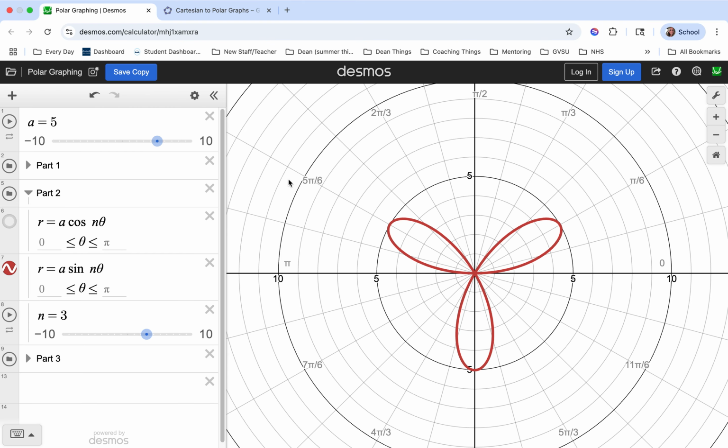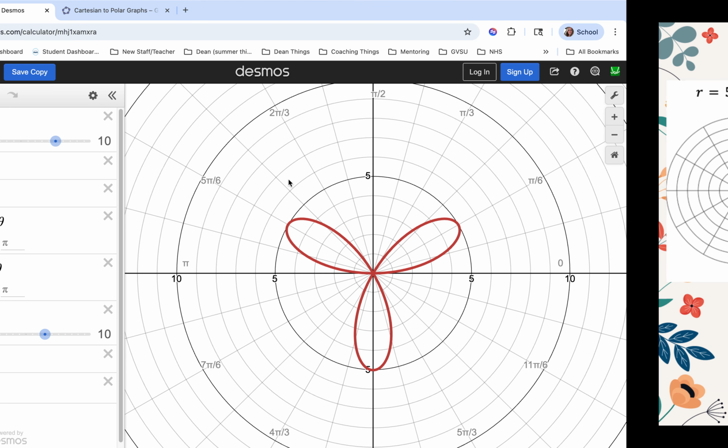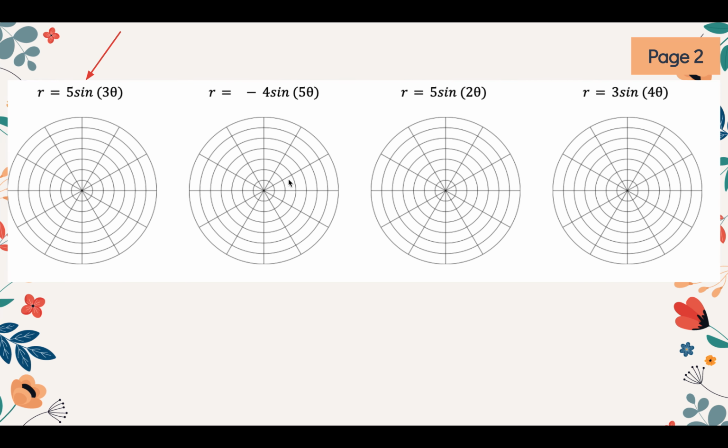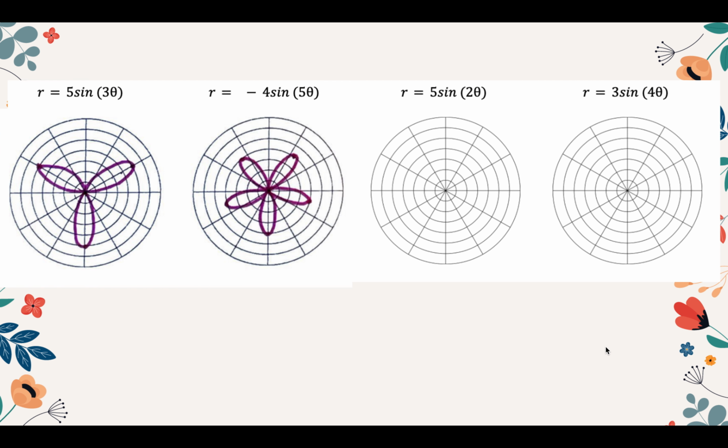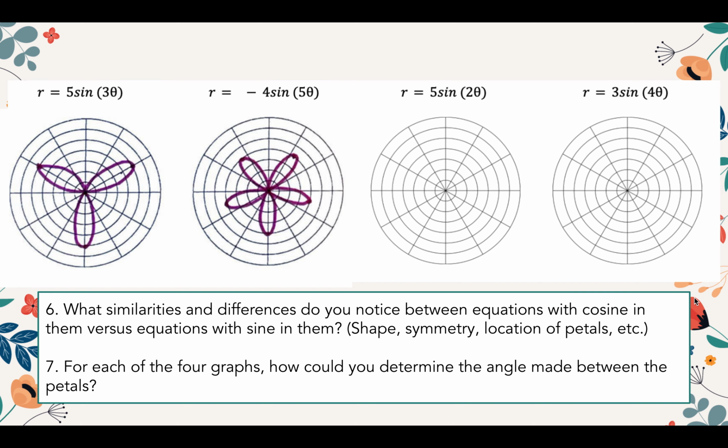So I want you to graph all 4 and then sketch them in your notes on page 2. So these are the first 2 that I have, and then underneath we have 2 questions, question 6 and question 7.